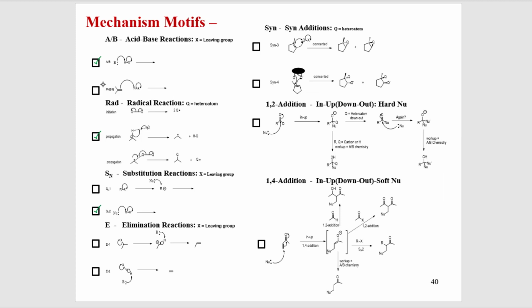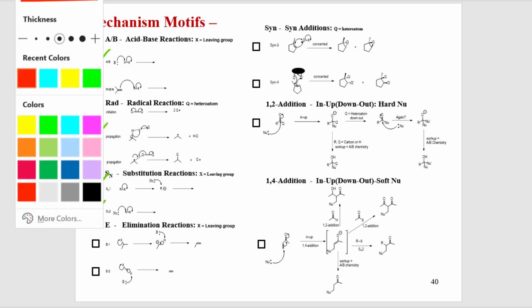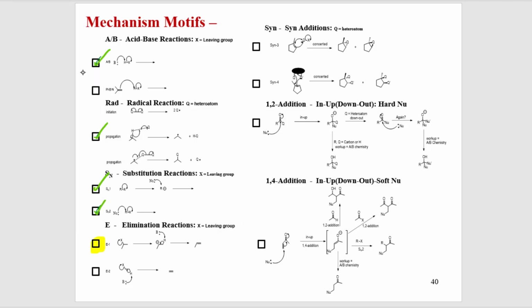So we have covered acid-base chemistry. We have covered radical chemistry. We have now covered both SN2 and SN1 chemistry. We're slowly ticking the boxes here for mechanistic motifs. We're going to be looking very shortly at E1 and E2.